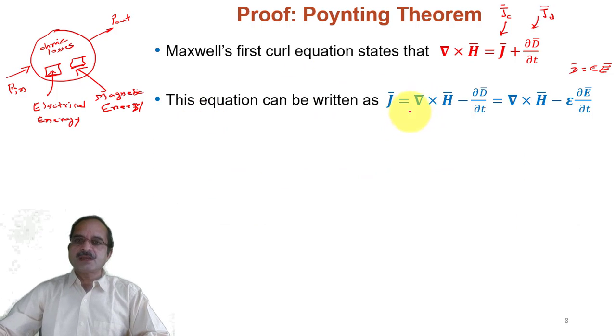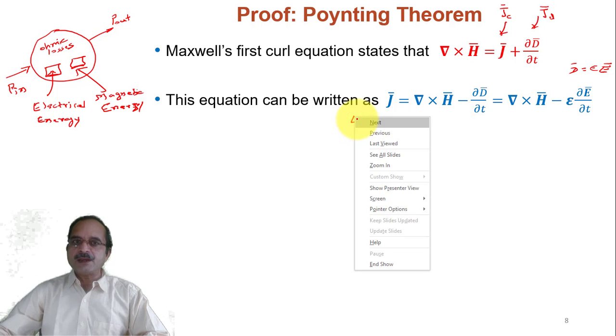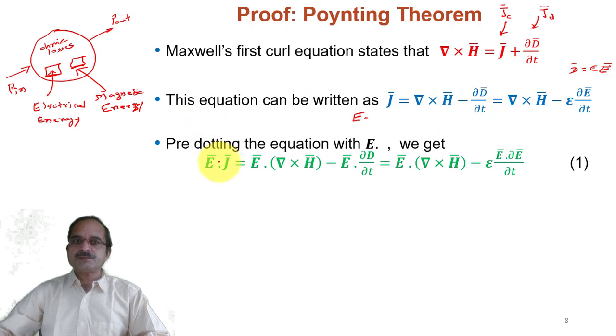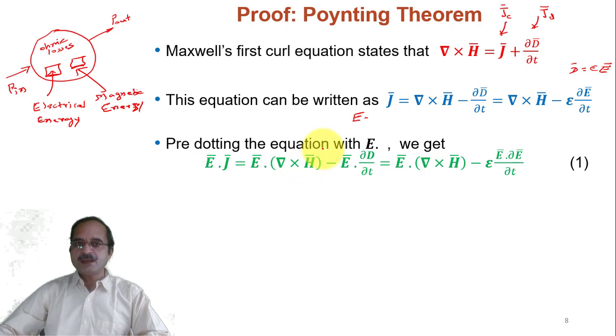Now pre-dotting this equation, that means we take the dot product of all these terms on both the sides by E. That is E dot J equal to E dot del cross H and so on. So we can write this in the form of equation 1 as E dot J equal to E dot del cross H minus E dot dD by dt, equal to E dot del cross H minus epsilon E dot dE by dt. So pre-dotting all the terms by E.